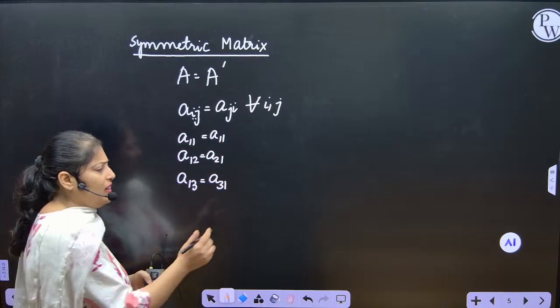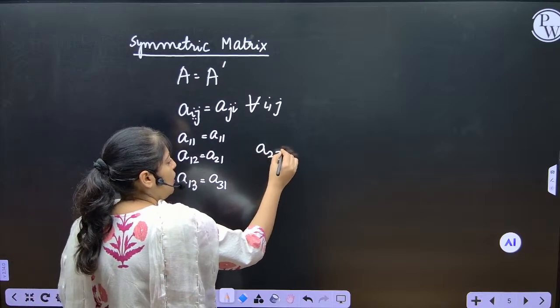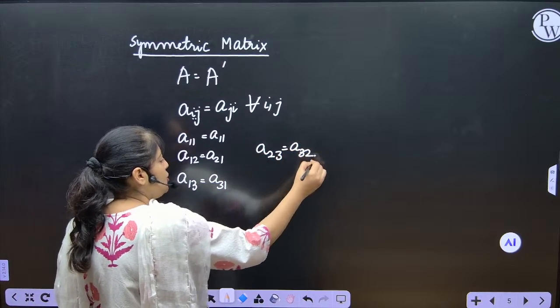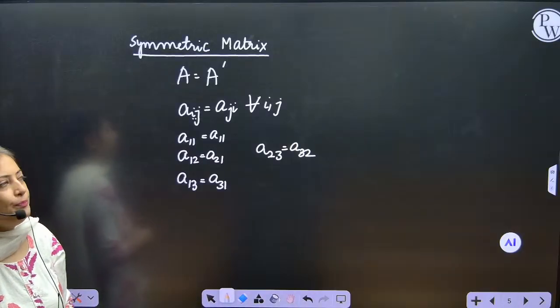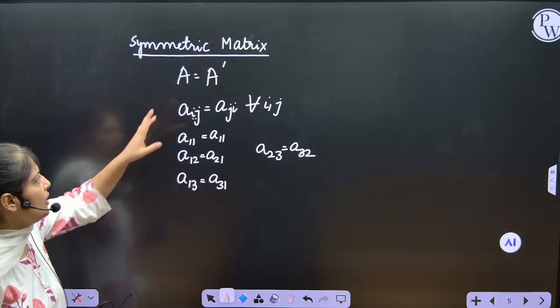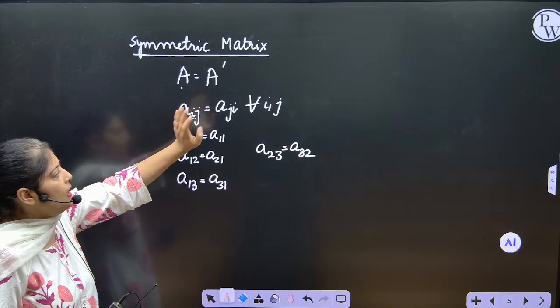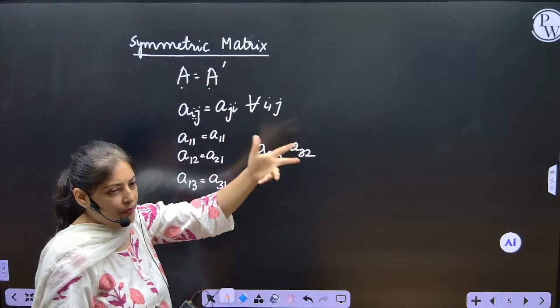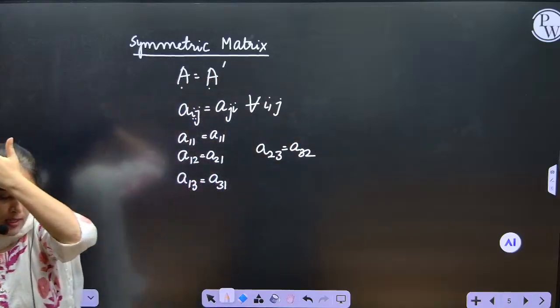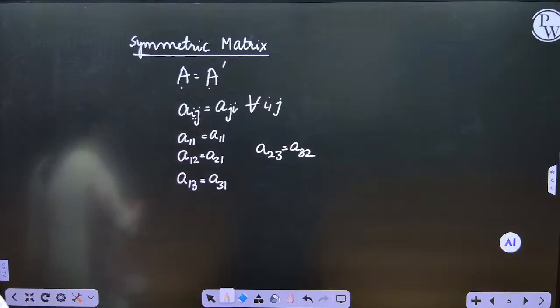A23 will also be equal to A32. So this is the definition. If a matrix and its transpose are both the same, then that matrix is a symmetric matrix only.